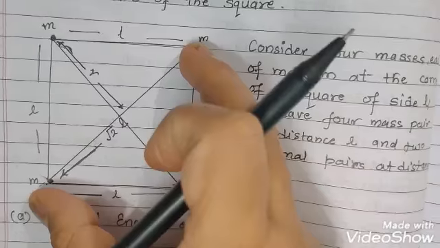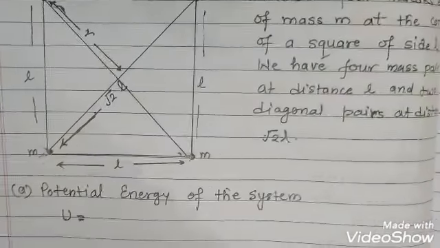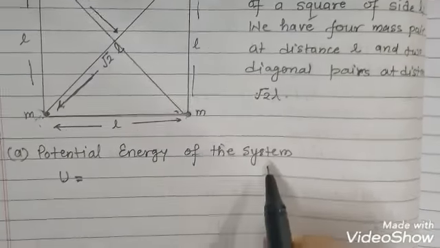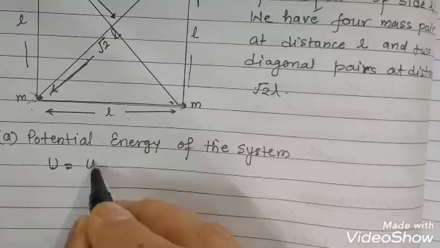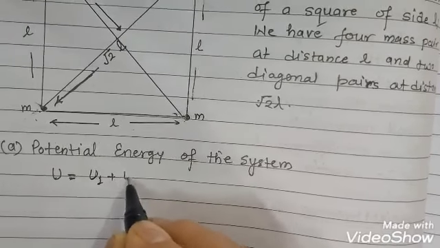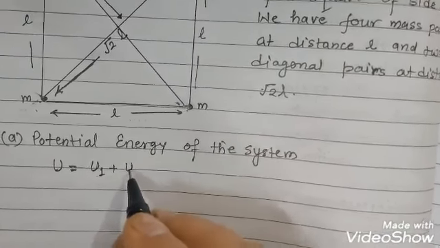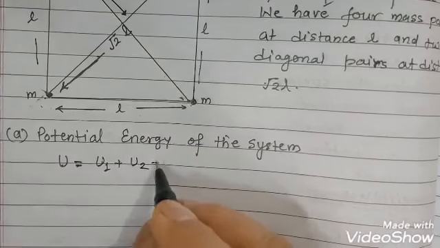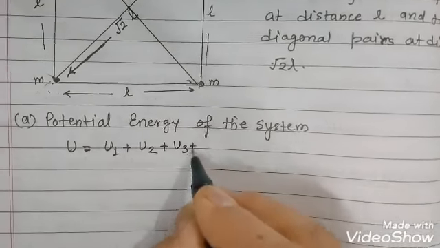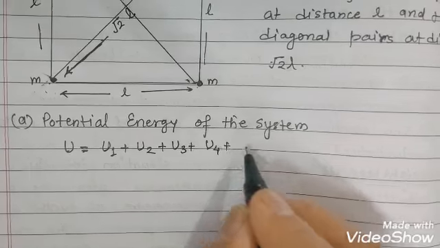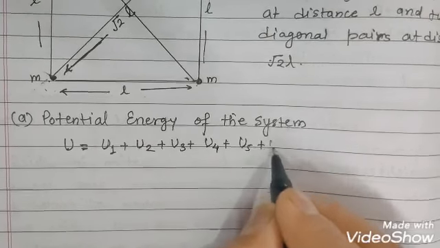So root 2 L distance would be there. The potential energy of the system is the sum of the potential energy of all these 6 pairs, that is U1, U2, U3, U4, U5 plus U6.